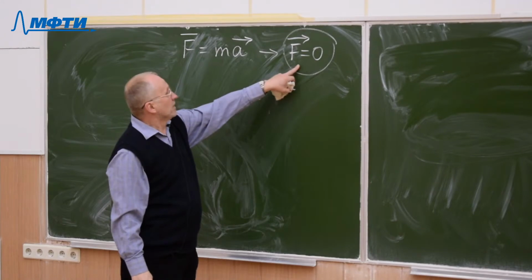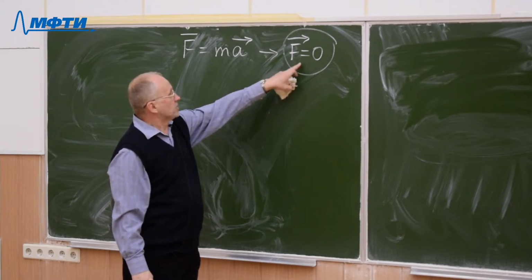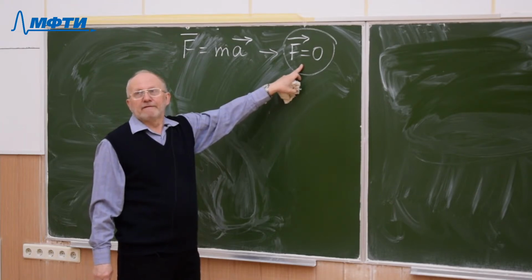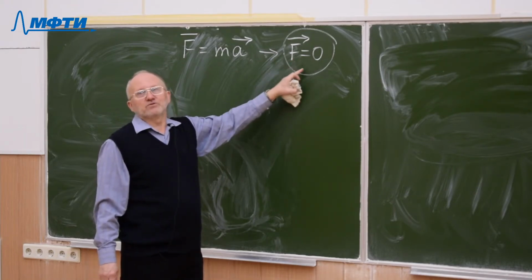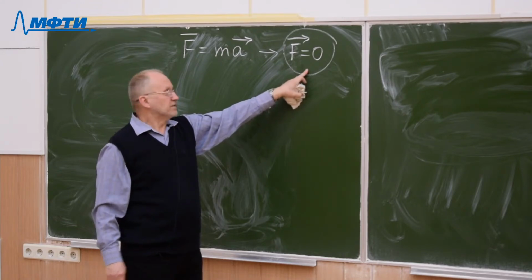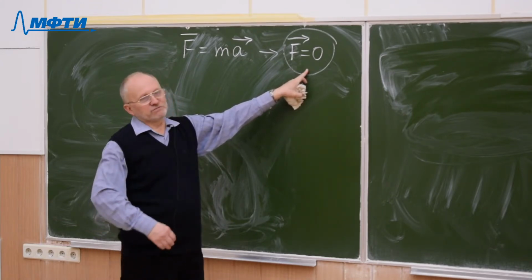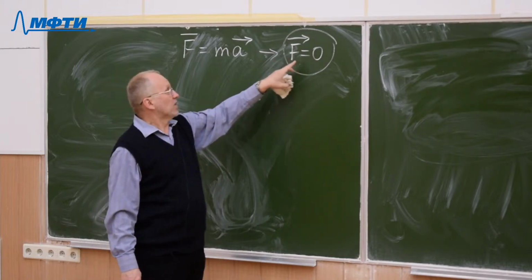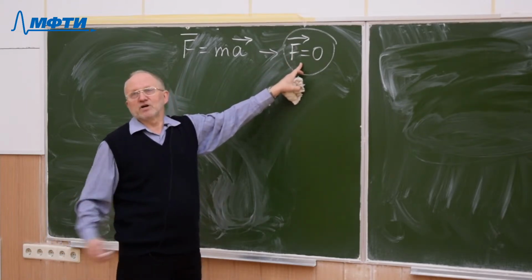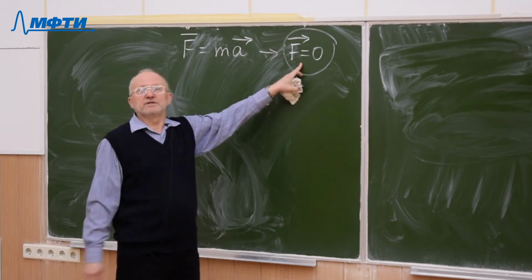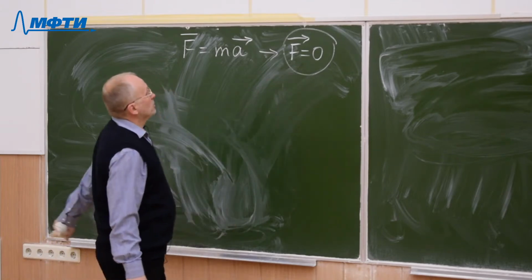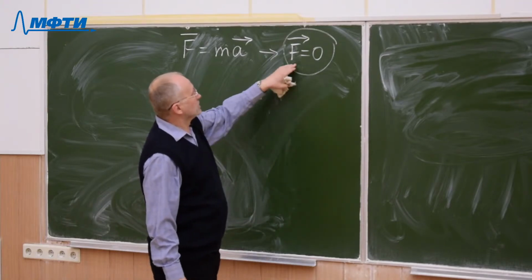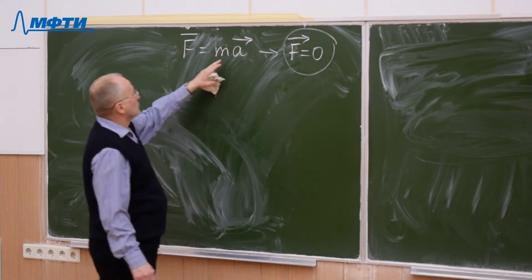situation, the condition for the body to be at rest in a certain frame of reference. In another inertial frame of reference, which is moving with respect to the first frame of reference, this body at rest will have some constant velocity. So the net force should be equal to zero in order for the body to be at rest.